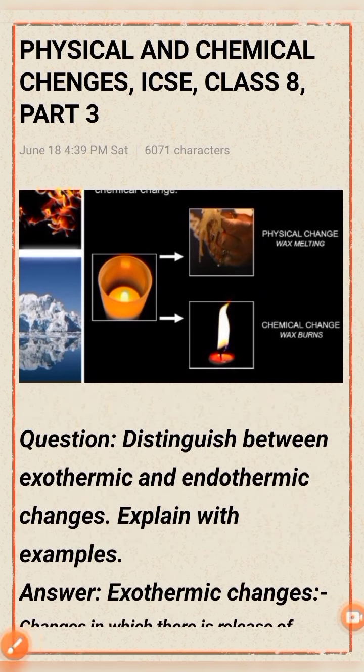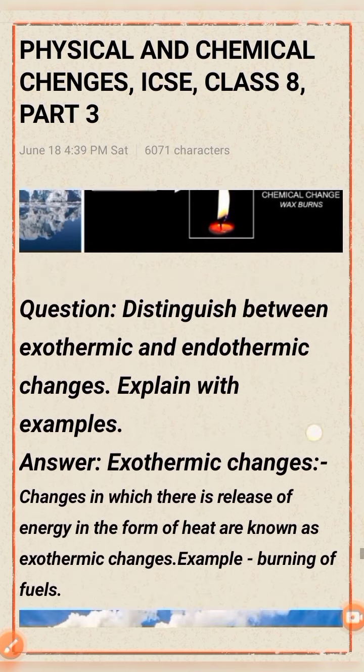Next question: distinguish between exothermic and endothermic changes. Explain with an example. Exothermic changes are changes in which there is a release of energy in the form of heat. Example, burning of foils.